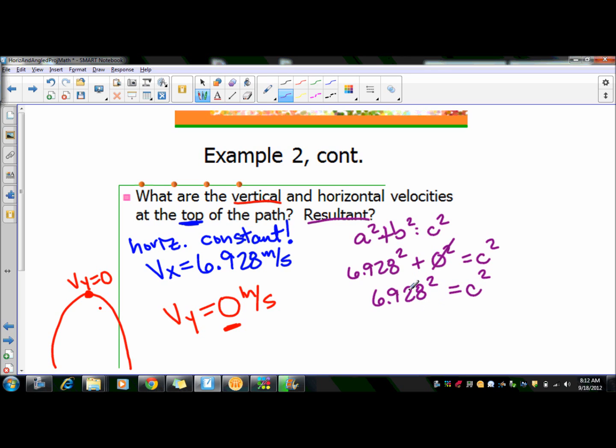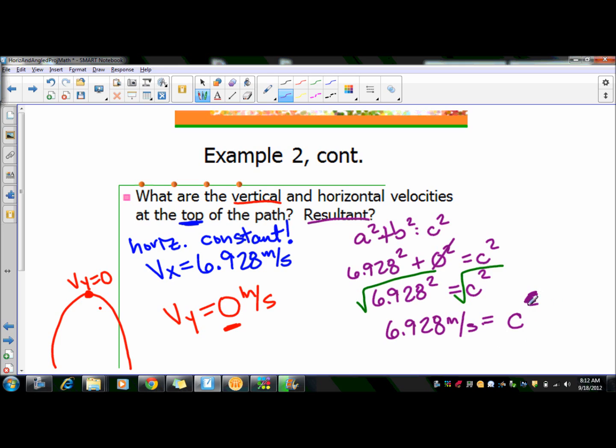Now, I don't actually have to solve this because what I'm going to do is square it and then take the square root. So what's the square root of this squared? Well, it's the same thing. 6.928 meters per second equals c squared.